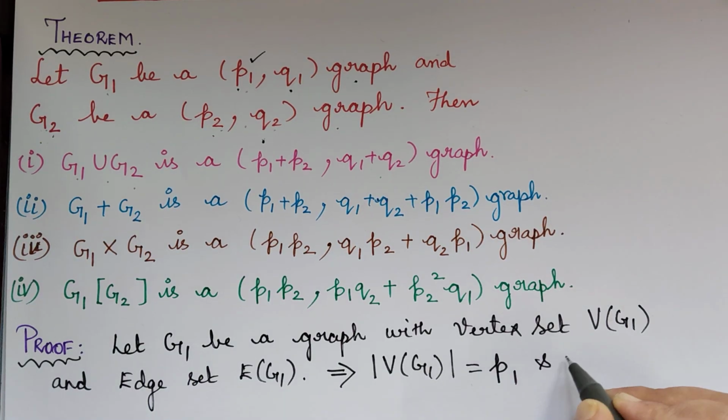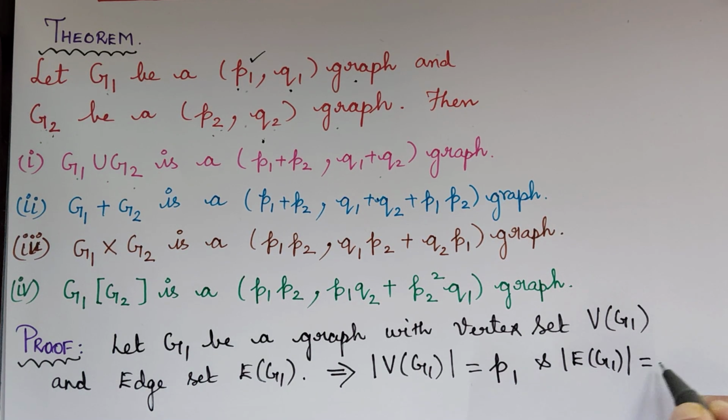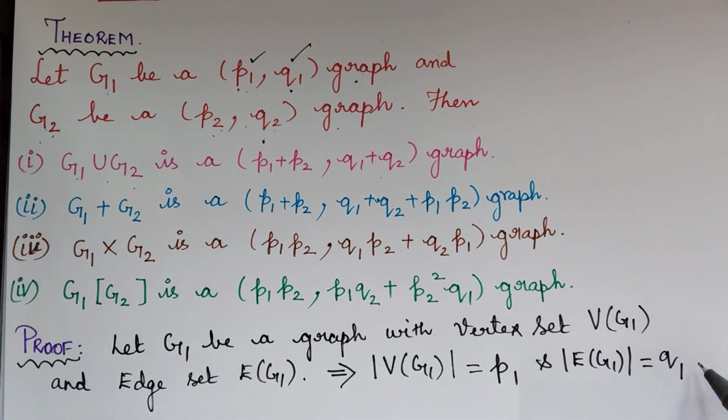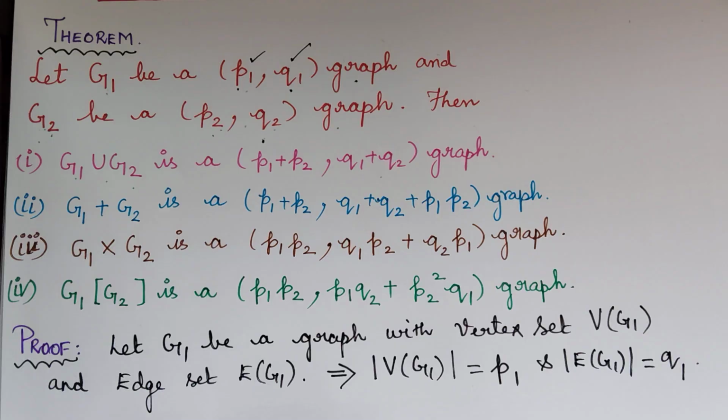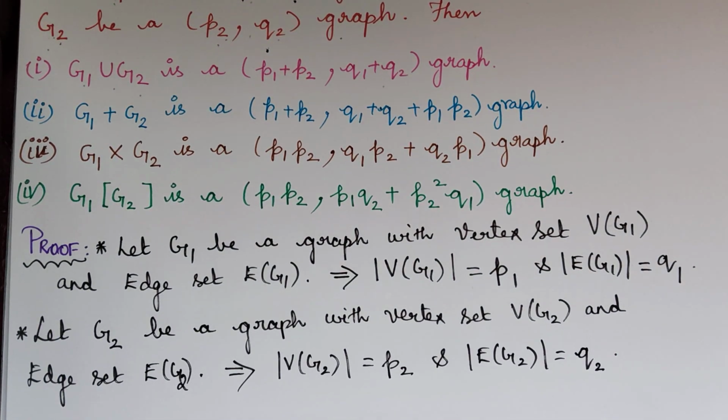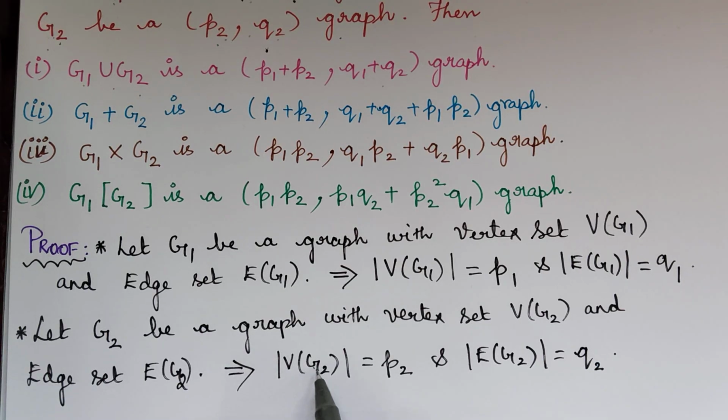And the number of edges of the graph G1 is given as Q1. In a similar way, we have the same for graph G2, so that also we have written. Therefore, the number of vertices of G2 is P2 and the number of edges for G2 is Q2.